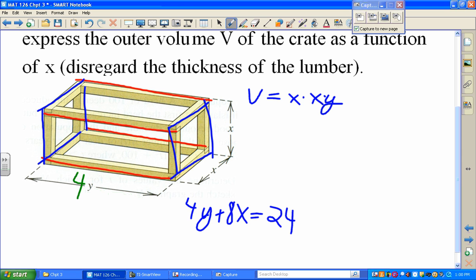I thought there was a surprise in this problem. Maybe there is. I don't know. Y plus 2x equals 12. So that means y equals 12 minus 2x. Oh, I just put it in there.